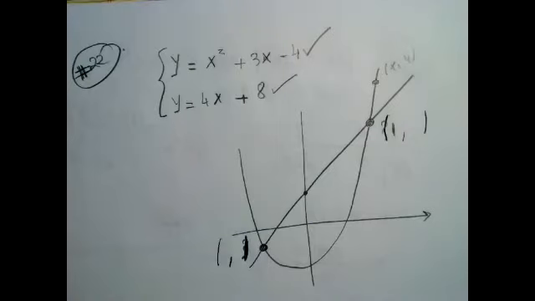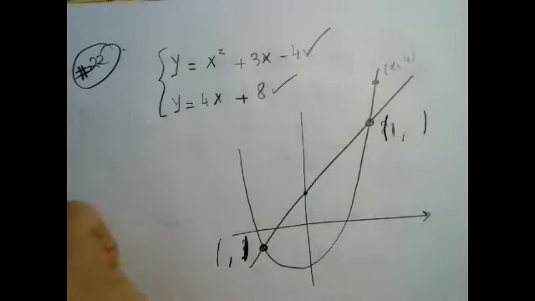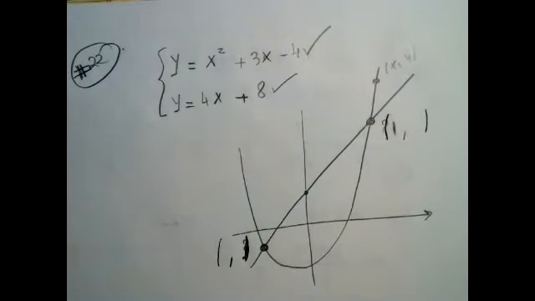Anybody like to answer? Can the intersection happen when x equal to 1?